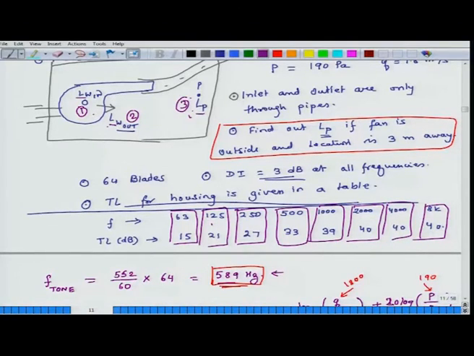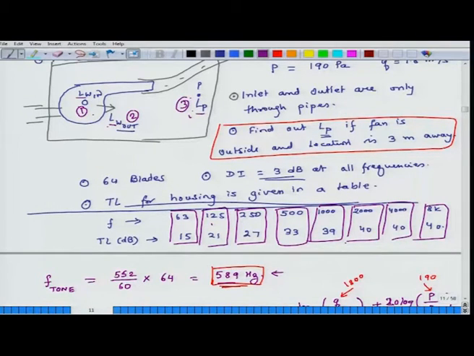When the noise travels from inside to outside, it falls by 15 decibels in the 63 hertz band. It falls by 21 decibels in the 125 hertz band. It falls by 27 decibels in the 250 hertz band, and so on and so forth. So this transmission loss data is there.